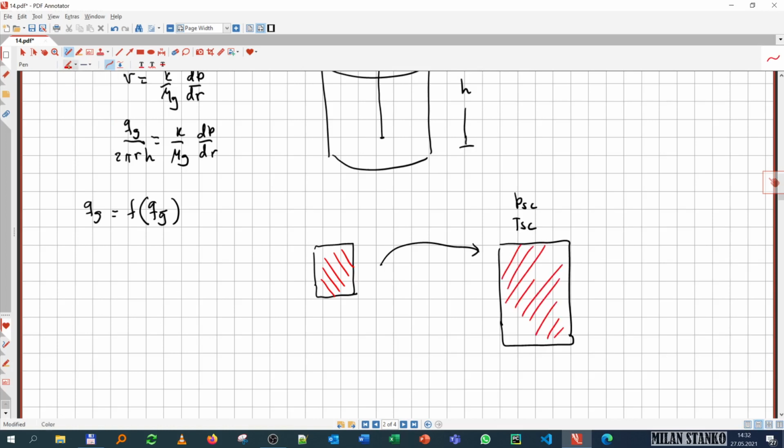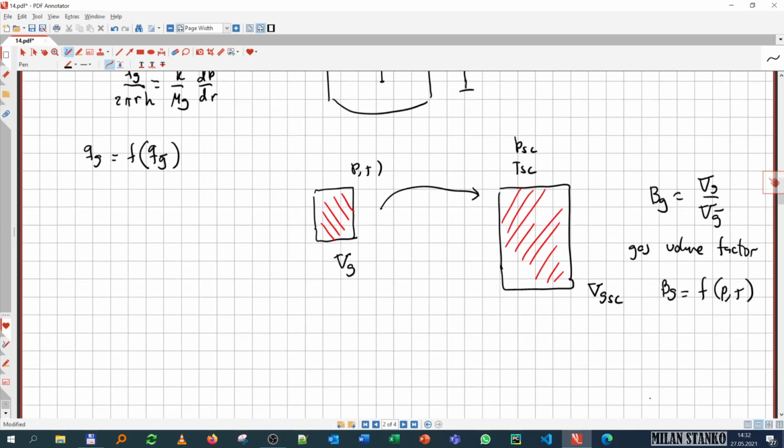And we can define the volume here, the Vg, and the volume here at standard conditions. So the ratio between these two is the Bg. It's Vg divided by Vg at standard conditions. This is the gas volume factor, and this is at any P and T. So Bg is a function of pressure and temperature.